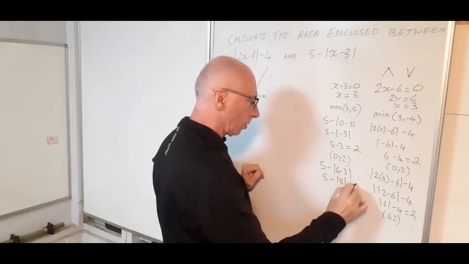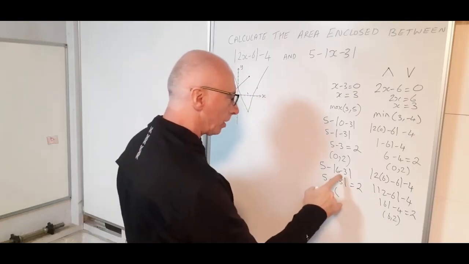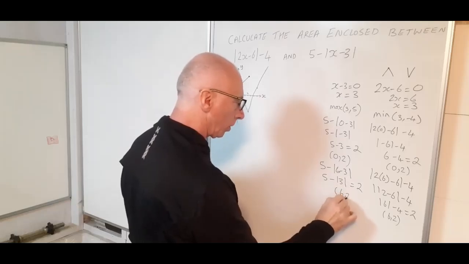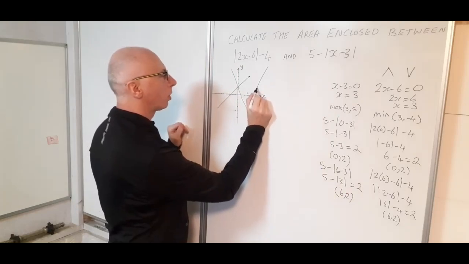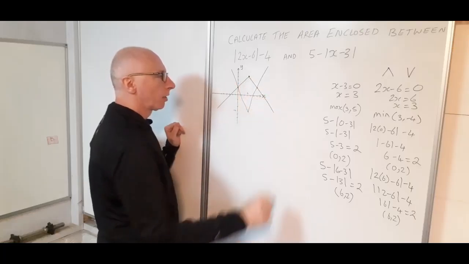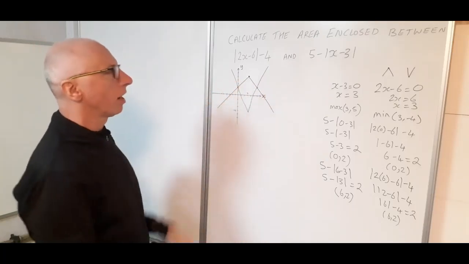So then that equals also 2. So our other point is at x equals 6, with a y coordinate of 2. So 4, 5, 6, y coordinate of 2. So same again as this one. Okay, so that's our graph of this one coming down in this direction.